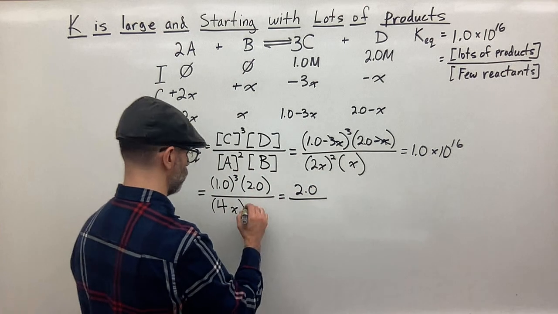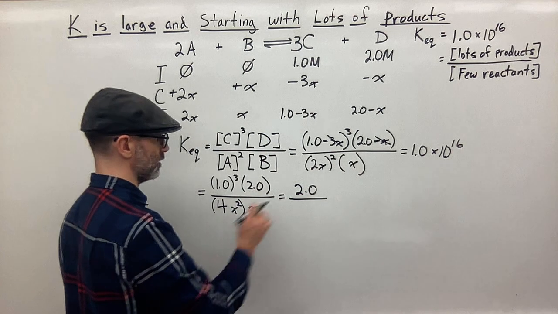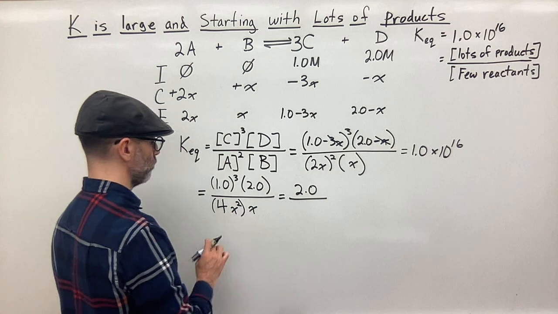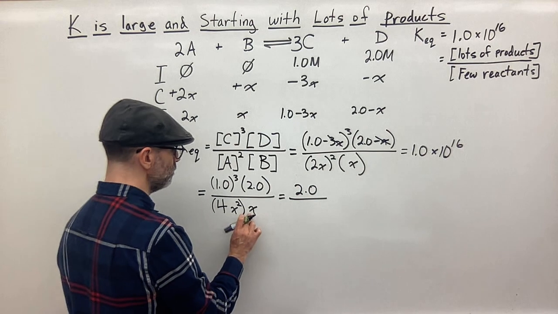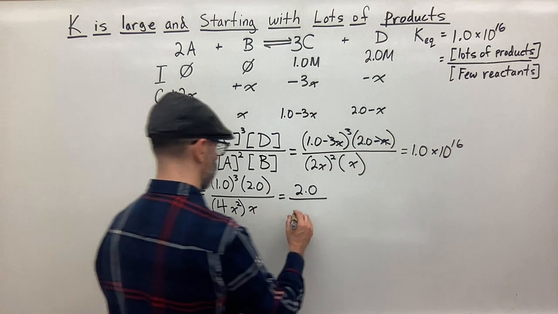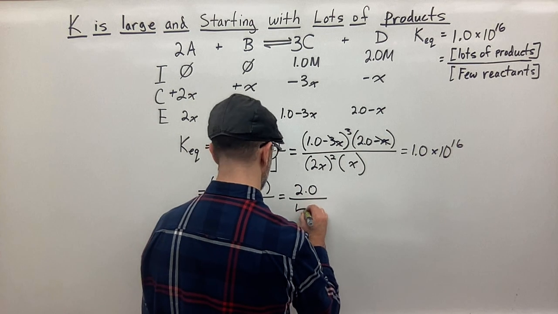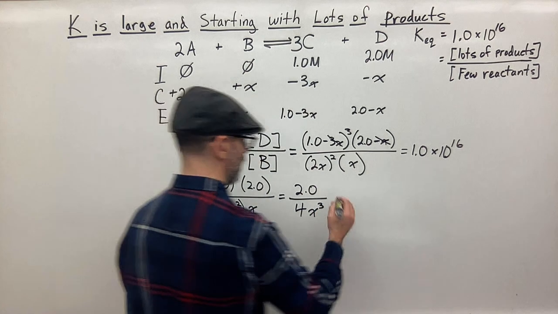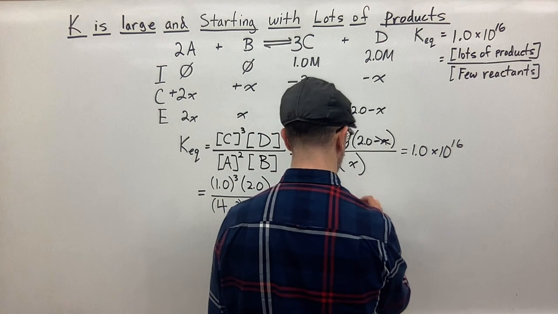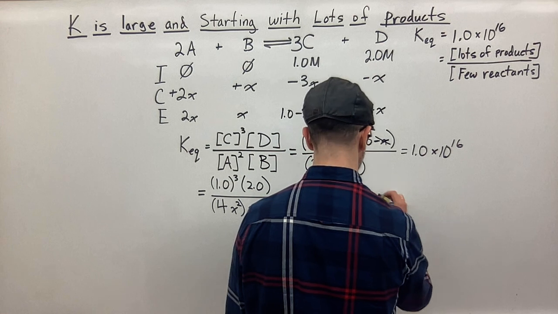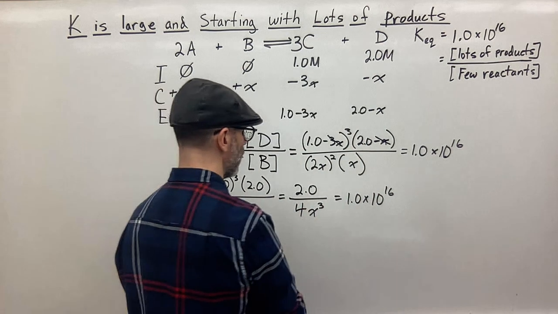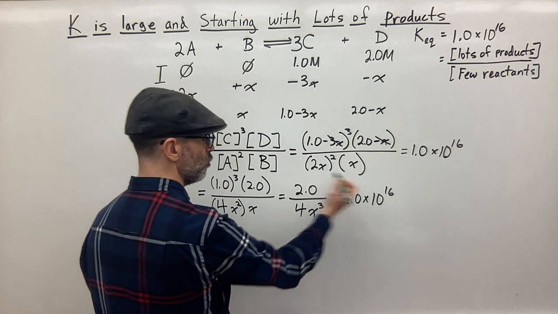Oops, that should be squared. Sorry, I forgot the square. So 2x squared is 4x squared. Okay. So then this is multiplied by x. So what I end up with is 4x cubed. And that's going to be equal to 1.0 times 10 to the 16 power. So now what I can do is I can use my algebra.